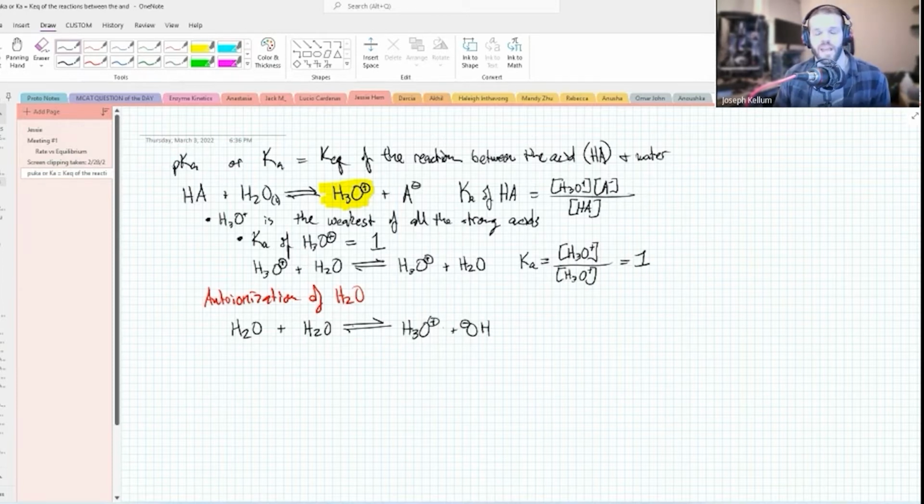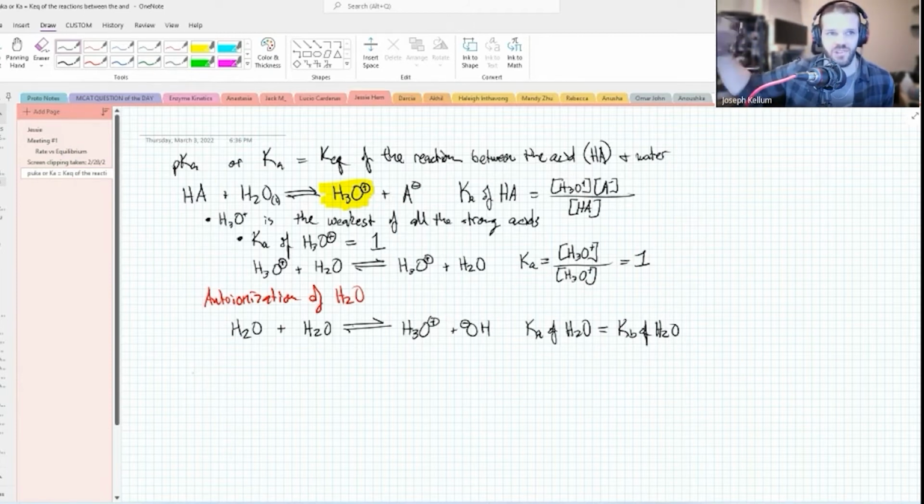And so the Ka, because now whenever I say the Ka of this, I just mean the Ka of water, is going to be equal to the Kb of water also, because water here is both an acid and a base. To talk about the Kb, you just have to react a base with water.